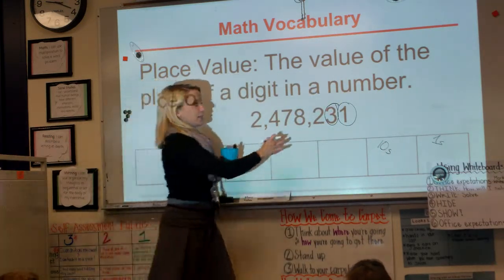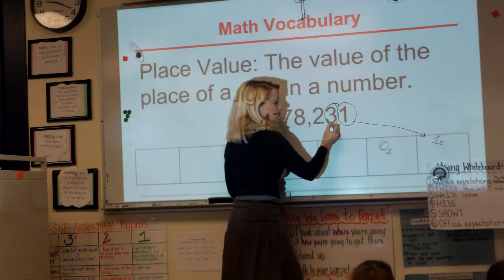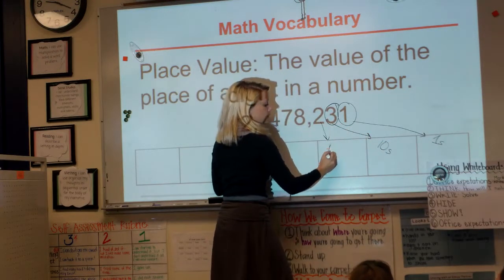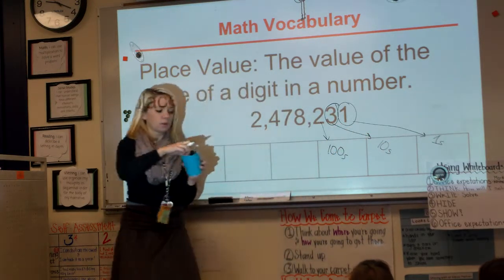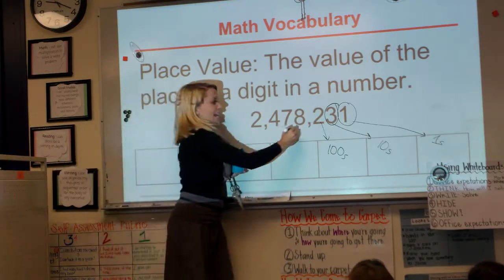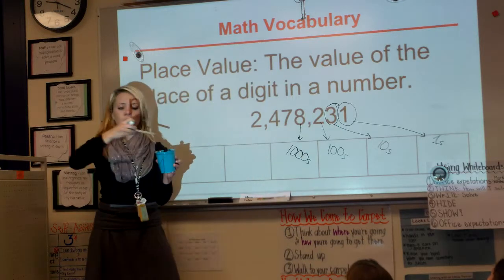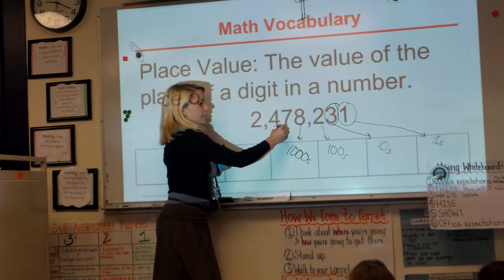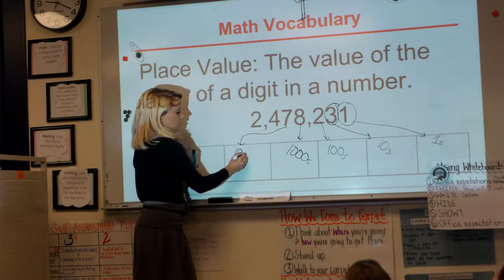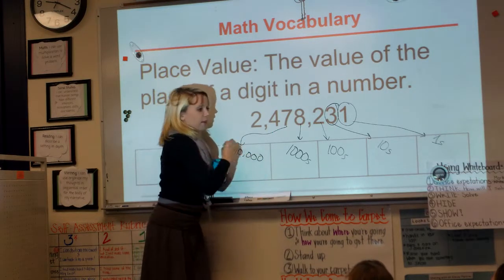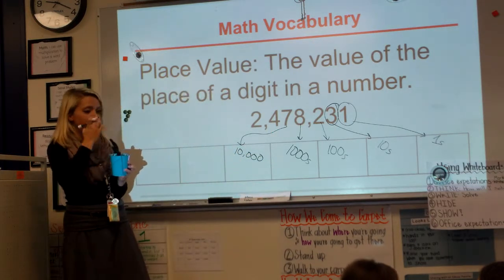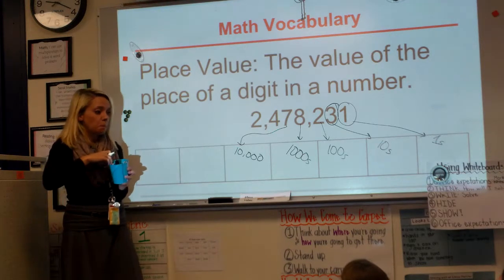Samantha, what place value is the 2 in? Max, what place value is the 8 in? Colin, what place value is the 7 in? 10,000. Thumbs up if you agree with Colin. Thumbs down if you do not agree. Is that in the tens, thousands place value?